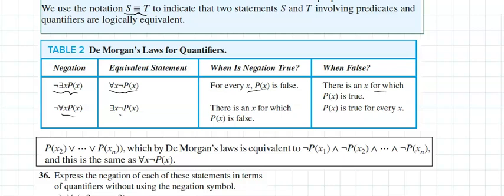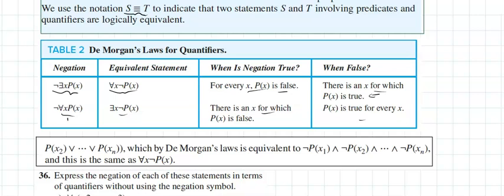And similarly, whenever you want to show the negation of there exists some, when is the negation true? For every x, p of x is false. So you have to show all of them are false. And when is it false? When there is an x for which p of x is true.